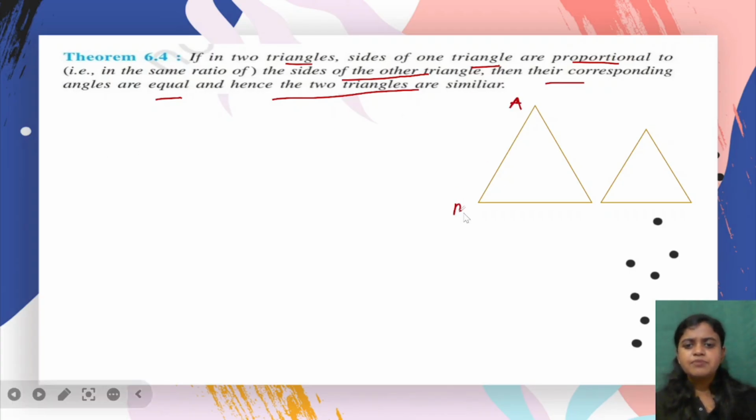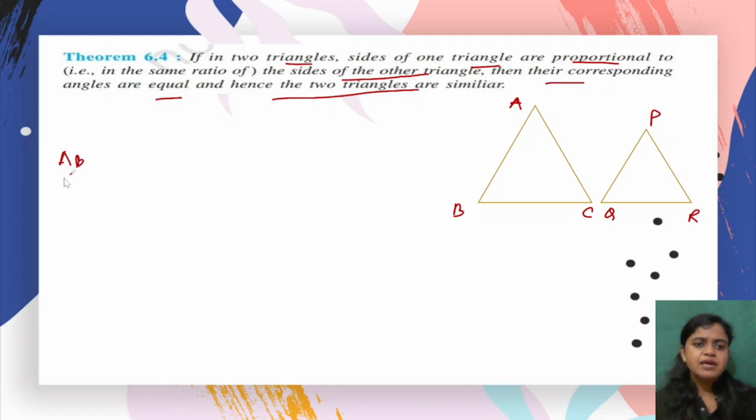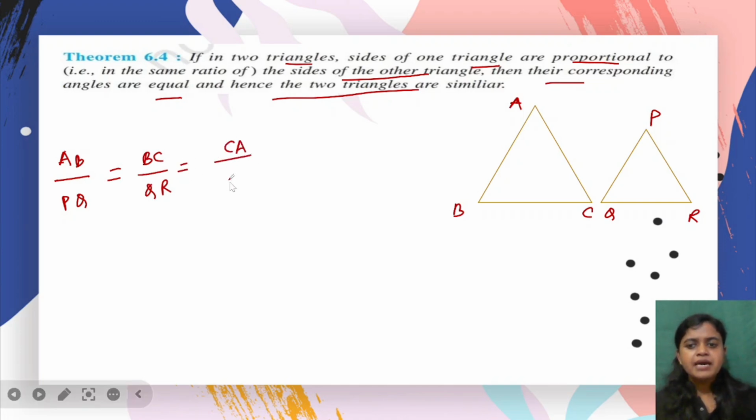Suppose this is ABC and this is PQR. Clear? So if I say AB by PQ, then BC by QR and CA by RP, I maintain a ratio order.